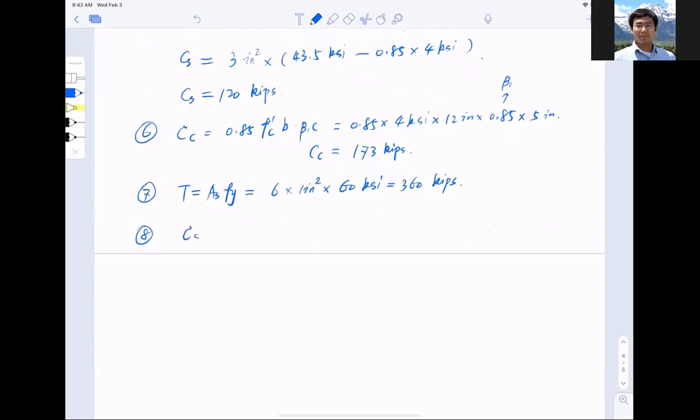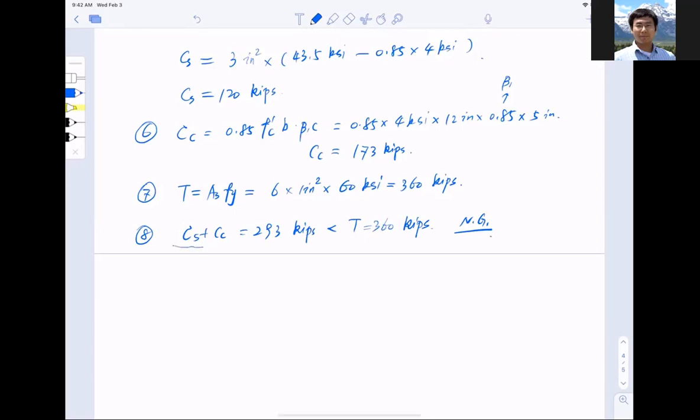So Cs plus Cc equal to 293 kips, and that is smaller than T equal to 360 kips, much smaller. No good. This is more than 5% less.